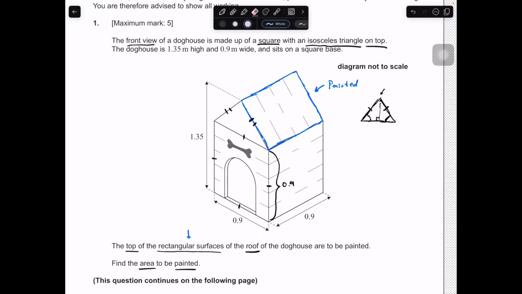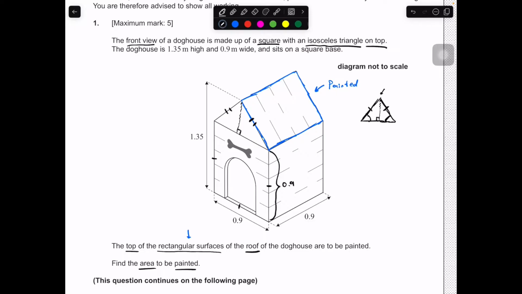So we have two right triangles that are a mirror reflection of one another. That's going to be important here as well. So if we drop this perpendicular, this line from the highest point to the base, we also have a right angle here.